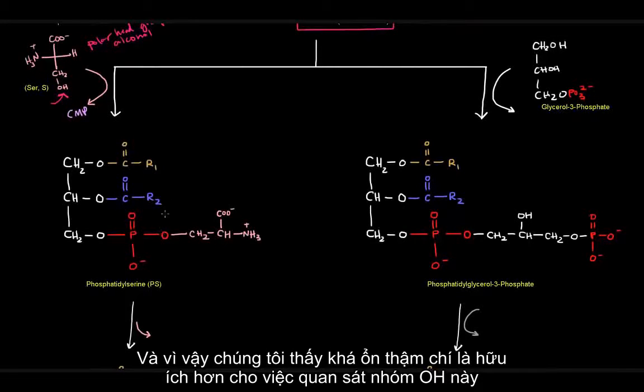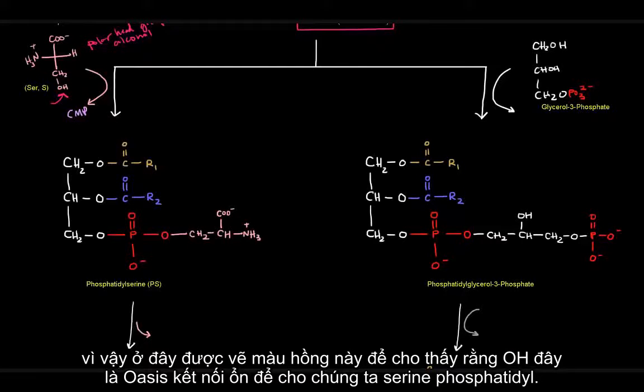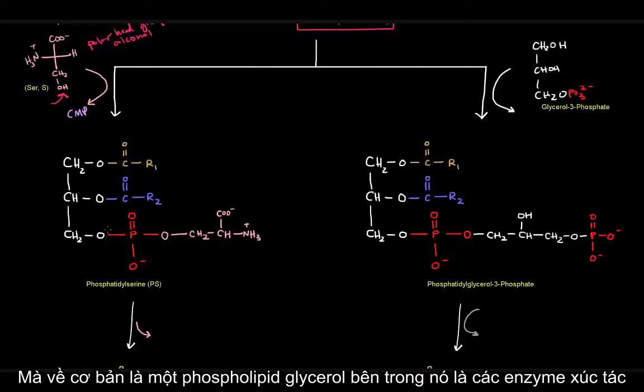Okay. And it might even be a little bit more helpful to see this O drawn in this pink color to show that that O is the OH that's connected. Okay, so that gives us phosphatidylserine, which is a glycerophospholipid.